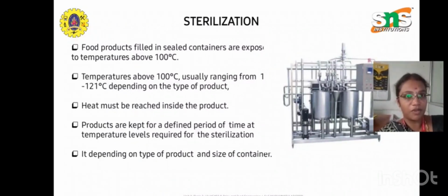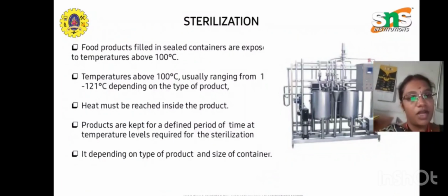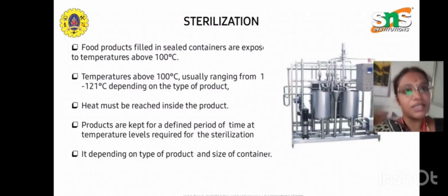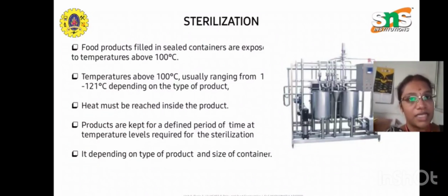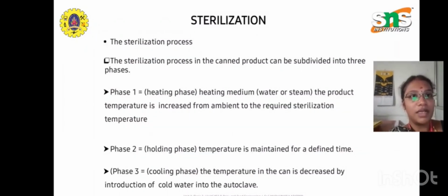Depending upon the type of the product, the temperature can be varied, and these products are kept for a defined period of time at the temperature levels required for sterilization. It depends on the type of product, and based on that we choose the size of the container. The sterilization process in canned products is divided into three phases.